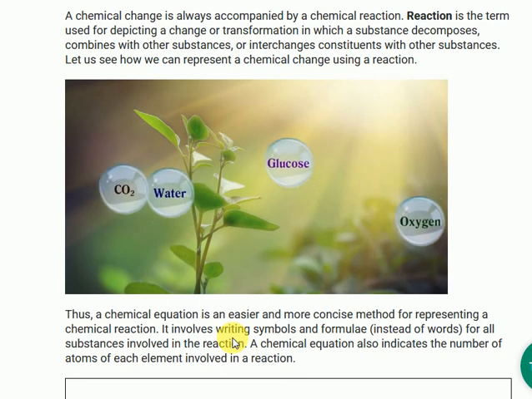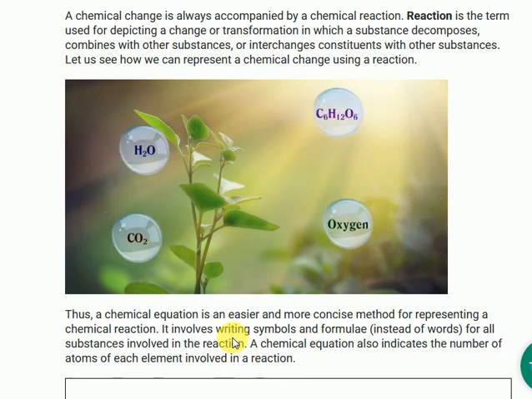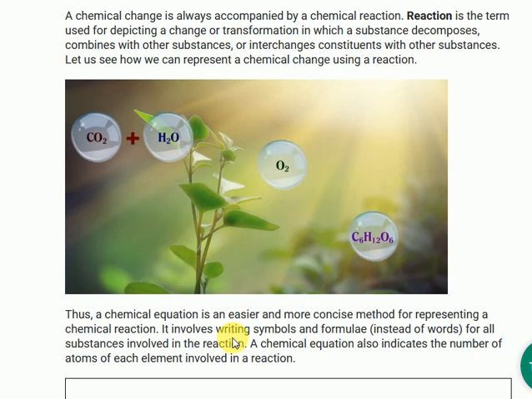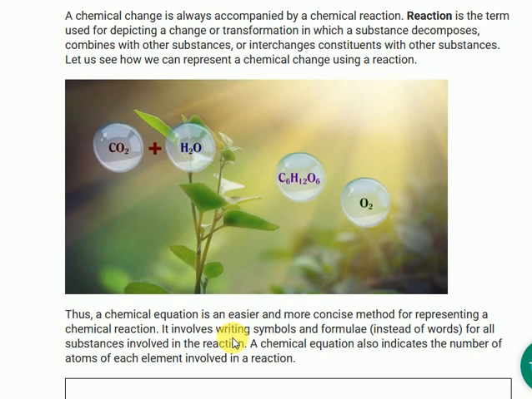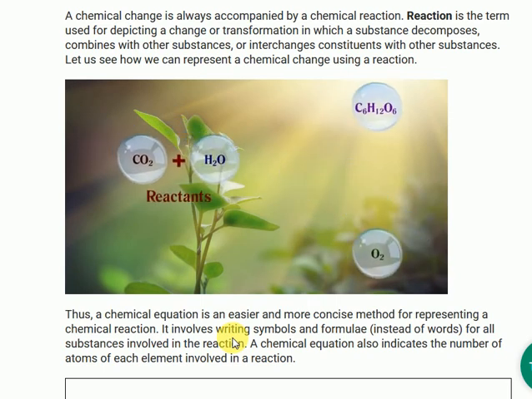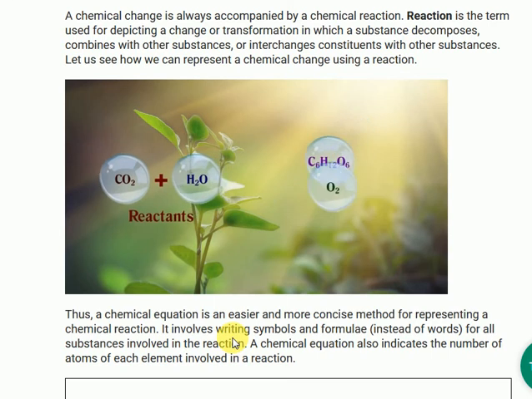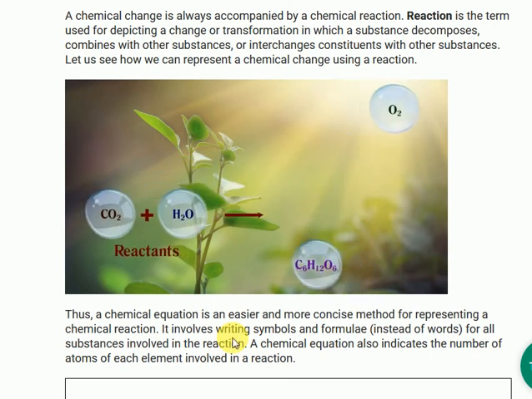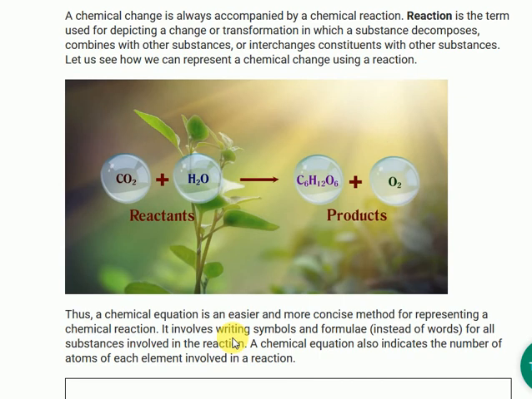That is carbon dioxide, water, glucose and oxygen gas. So carbon dioxide plus water becomes our reactants. Then we'll write a sign of arrow to denote the change or transformation, and finally the products, which are glucose and oxygen.